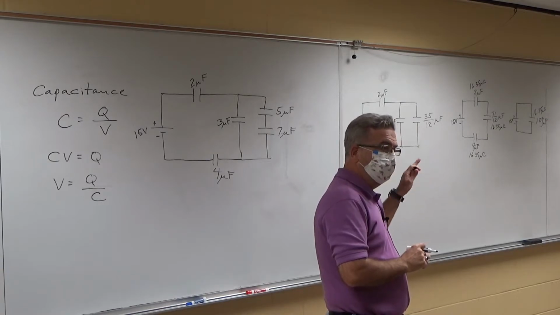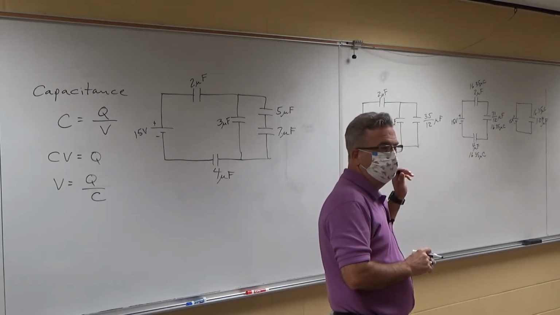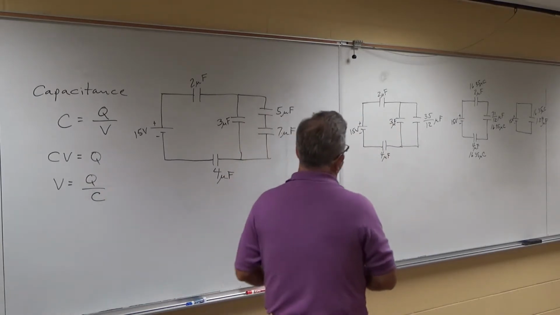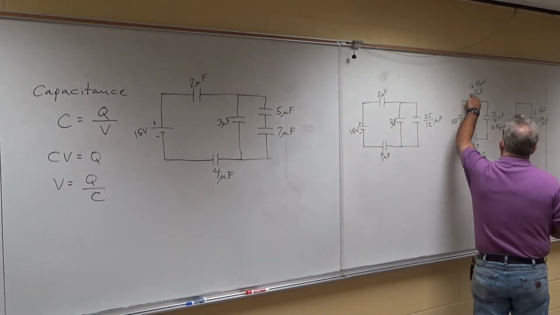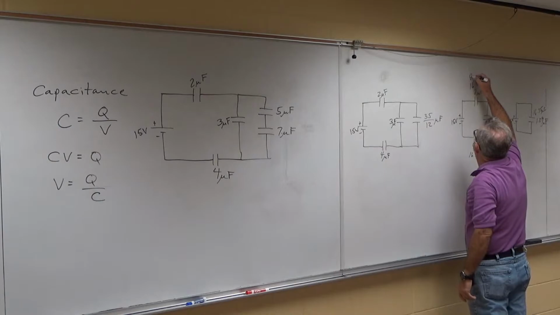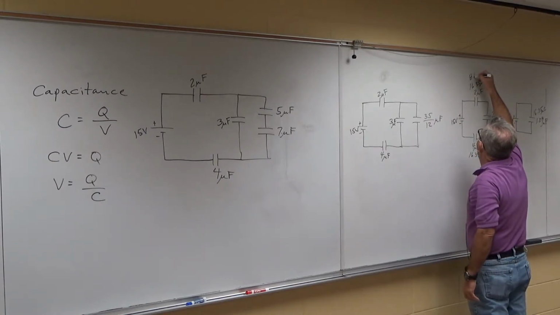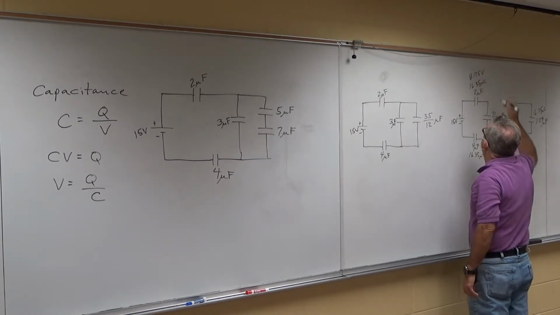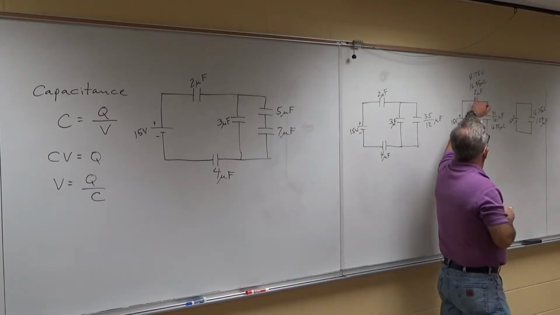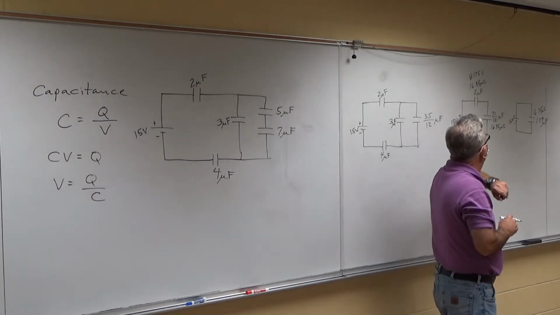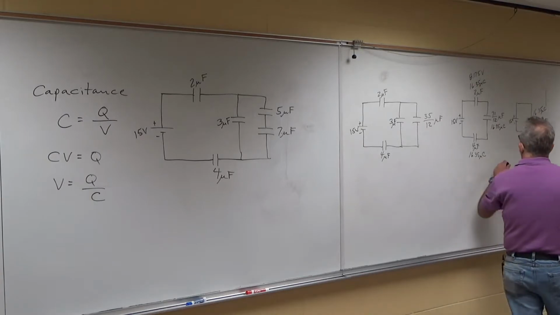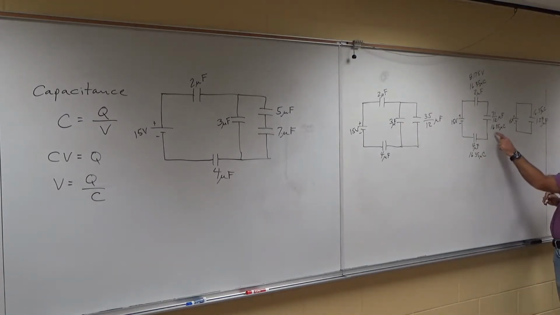Now that we know the charge on each one of those, we can calculate the voltage on each one of those caps. All right? Because voltage is equal to charge over capacitance. So this one is 16.35 divided by 2. This one is 16.35 divided by 71 over 12.